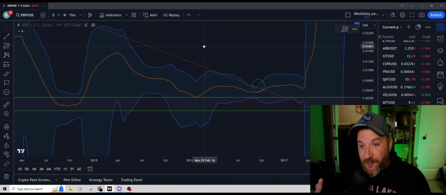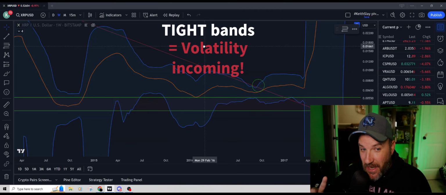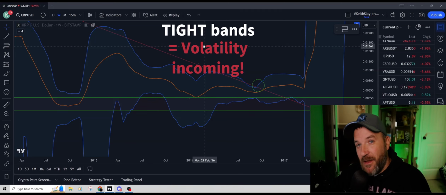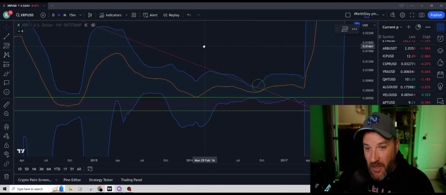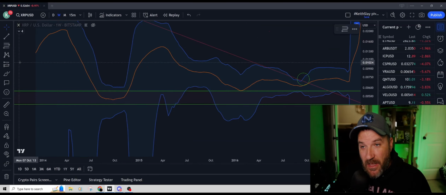Cool. First, the number one thing we look for is to see the Bollinger Bands get very, very tight together. We're going to start on a high time frame, and we'll work our way down into lower time frames like we always have. But while we have no candles on the screen, let's just go ahead and point out the areas where it's tight.